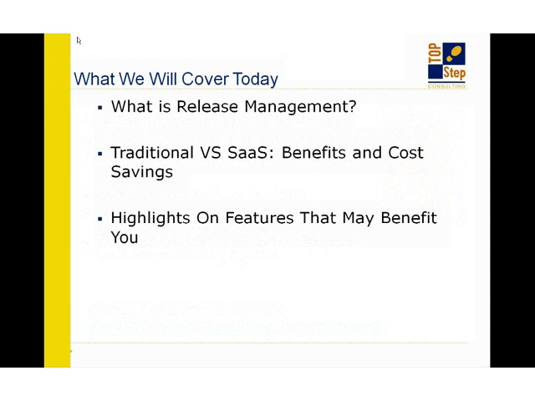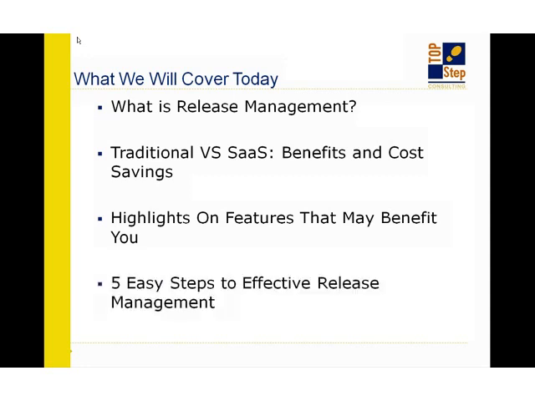Since this is a specific OpenAir discussion, I'll also highlight some of the features that OpenAir has introduced even in just the past year that you may not be aware of, and you can implement and take benefits away from immediately. And then we'll go through the 5 easy steps to effective release management that hopefully you would be able to apply as early as tomorrow.